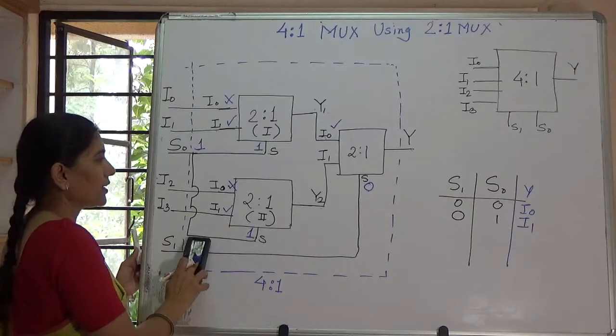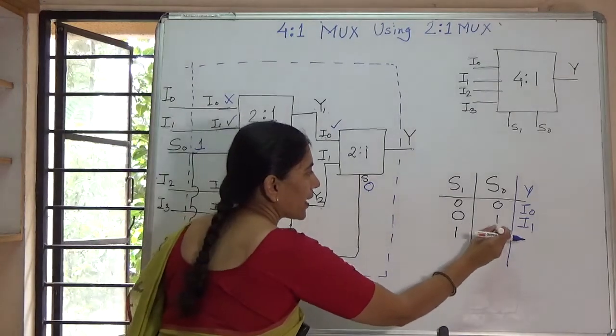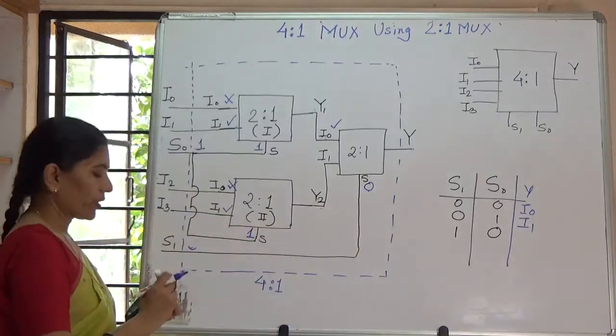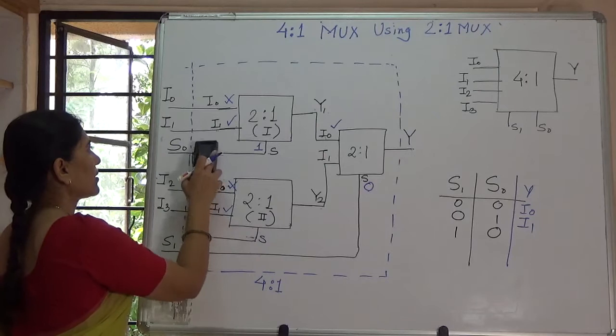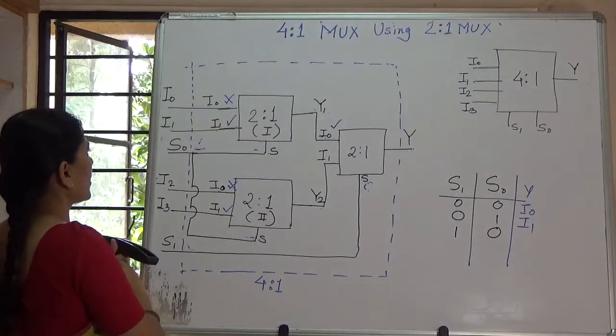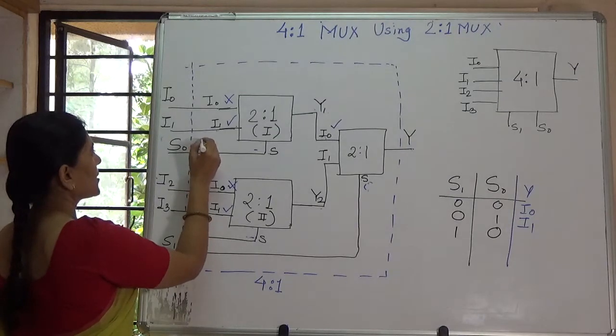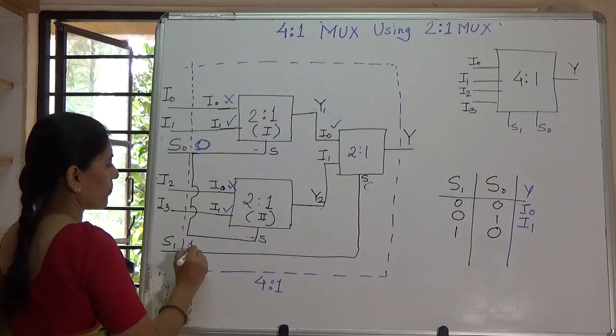Let us take the third condition. Let us assume that S0 is a 0 but S1 is a 1.